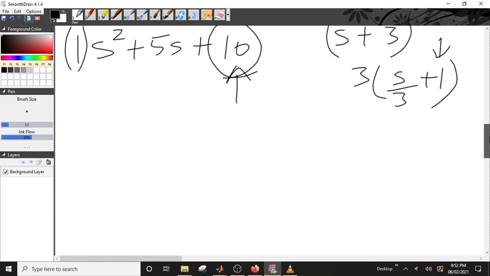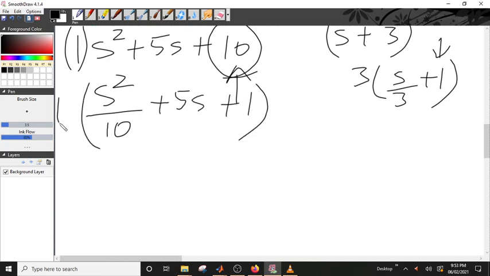Sometimes teachers give questions where we have coefficients here, so the value does not come out the same if you take it as it is. So you have to take this 10 common, and if there is a coefficient here, you need to take that as well. So if you take that 10 out, it will be s square by 10 plus 5s plus 1, right? Okay, there should be 10 as well.